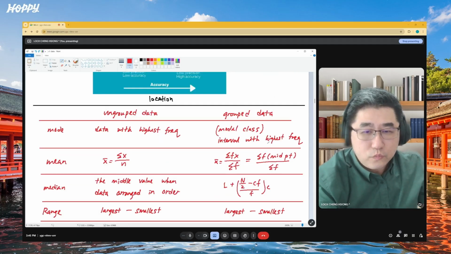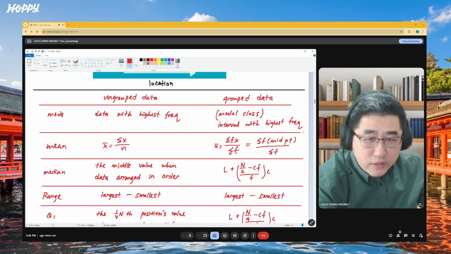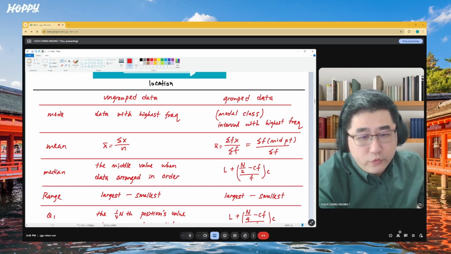Next, we're talking about how to categorize or summarize the data. There are a few things you need to know about how to manage the data.